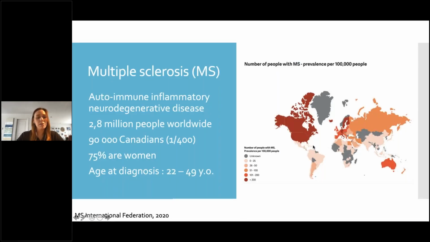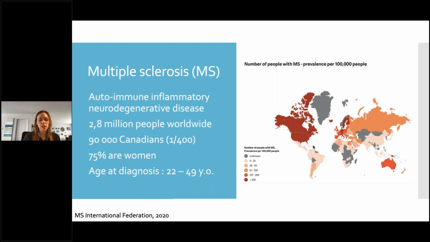First of all, multiple sclerosis is an autoimmune inflammatory neurodegenerative disease of the central nervous system. It affects 2.8 million people worldwide and approximately 90,000 Canadians. 75% of those individuals are women, and the age of diagnosis is usually between 22 and 49 years old.